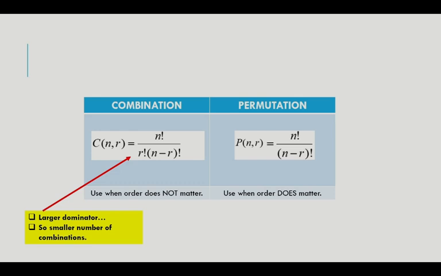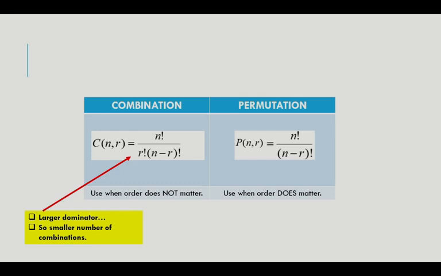Because we're taking the thing in the bracket, n minus r factorial, and we're multiplying it by another number. So dividing by a bigger number. Think about it. When we divide by a bigger number on the bottom of a fraction, what happens? Our answer gets smaller. Think about it. 1/2 versus 1/5. Which is smaller? 1/5. As the denominator gets bigger, the fraction gets smaller, right?